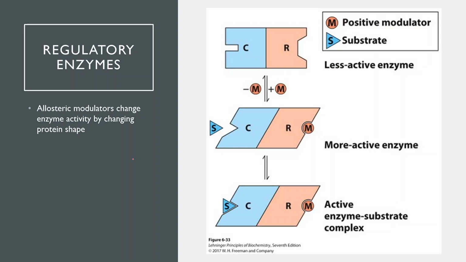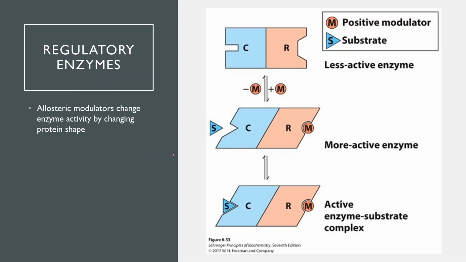So these are called regulatory enzymes, which means that they have some sort of mechanism of being modulated. Now, pretty much all enzymes are regulatory enzymes in some way. Their activity is affected by some external factor. So we're just going to talk about some examples here.